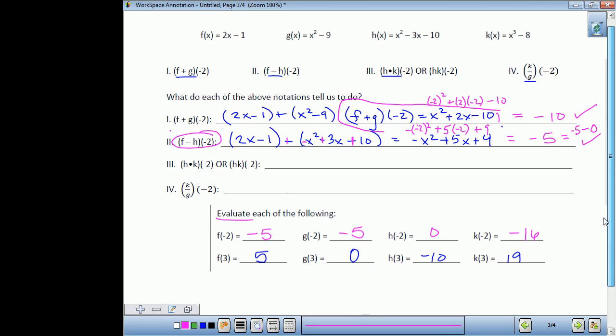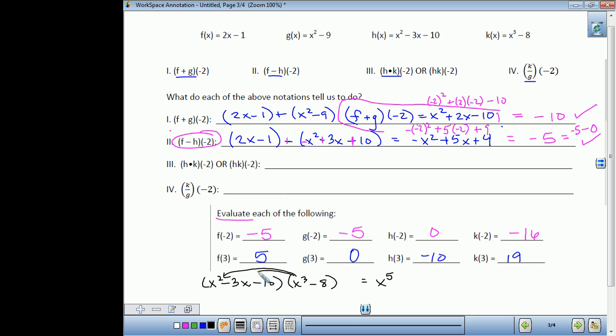Because h of x is a big old trinomial. So h of x is x squared minus 3x minus 10, times k, which is x cubed minus 8. If I'm going to multiply this times this, when we multiply like bases, we add the exponents.